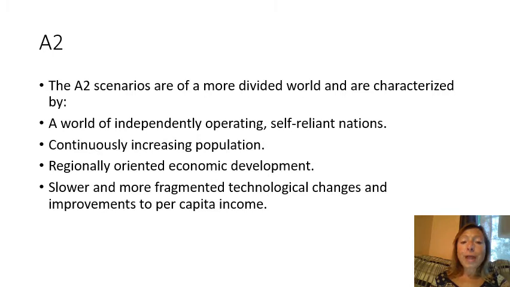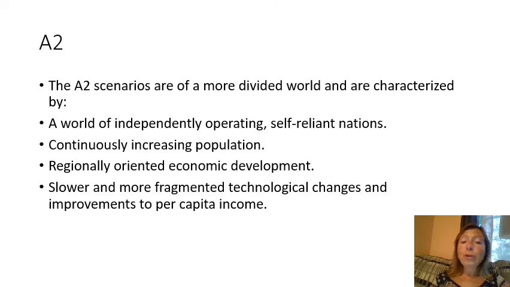We also, under this scenario, are likely to see higher increase of the population compared to A1, because we will see some regions of the world where there will be very fast continuous population growth. So the population is not going to stabilize under 9 billion. It's going to be significantly higher.